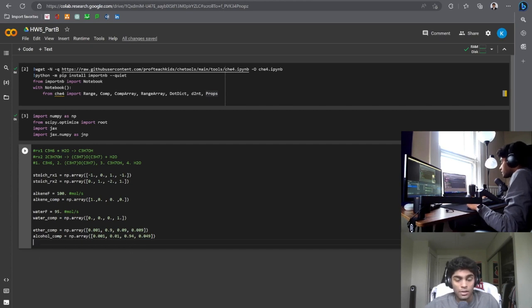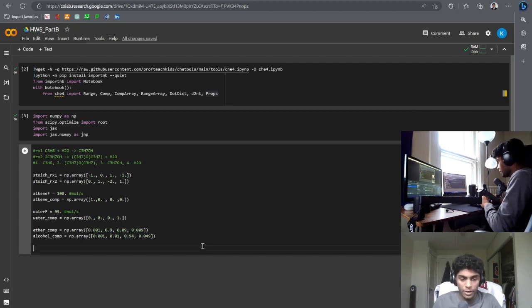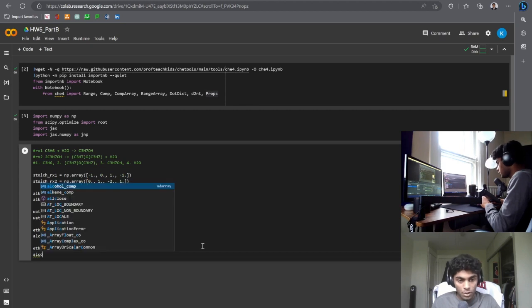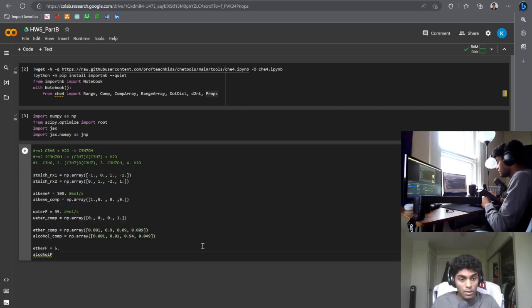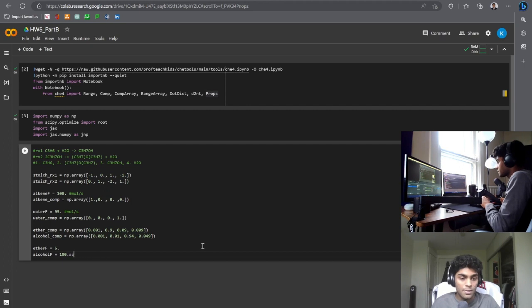So let's move on to the next thing here. So now, a couple other things we should define here is we want to find our ether flow. And for this one, we're just going to make some guess. Let's just say it's 5 moles per second. And same thing for our alcohol flow. Alcohol flow. Just 100. Why not? 100 moles per second. We're just making some guesses here, basically.